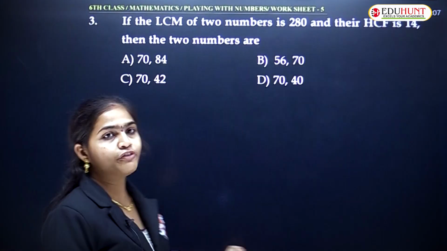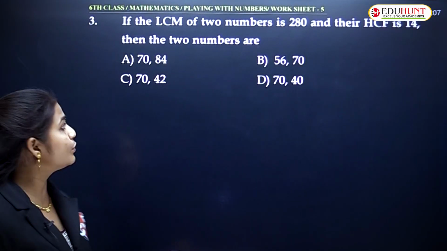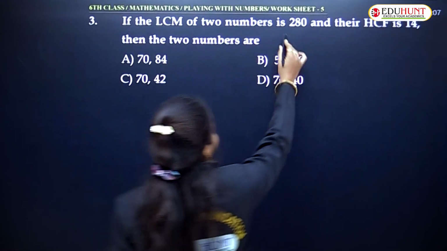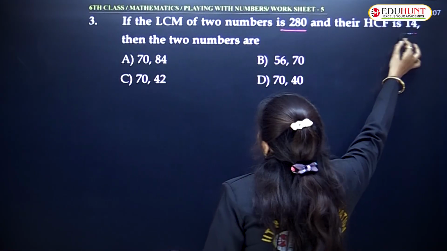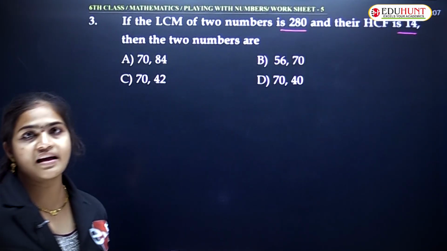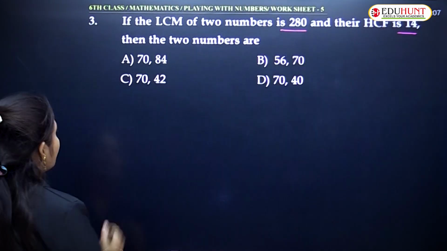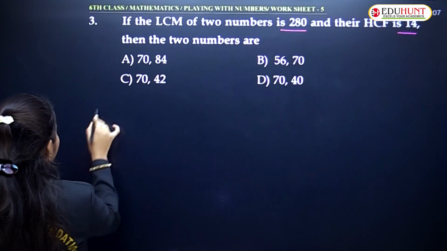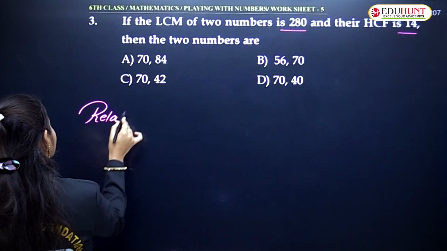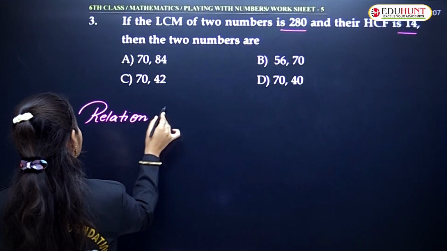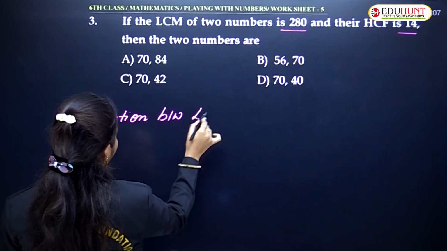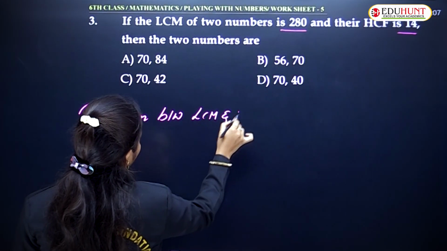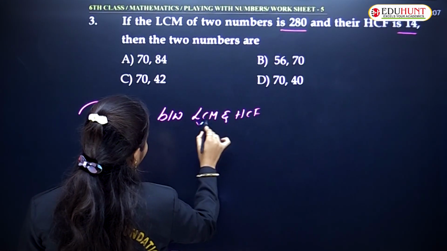Next, see that third question. If the LCM of two numbers is 280 and their HCF is 14, then the two numbers are. Just say what is the relation between LCM and HCF.